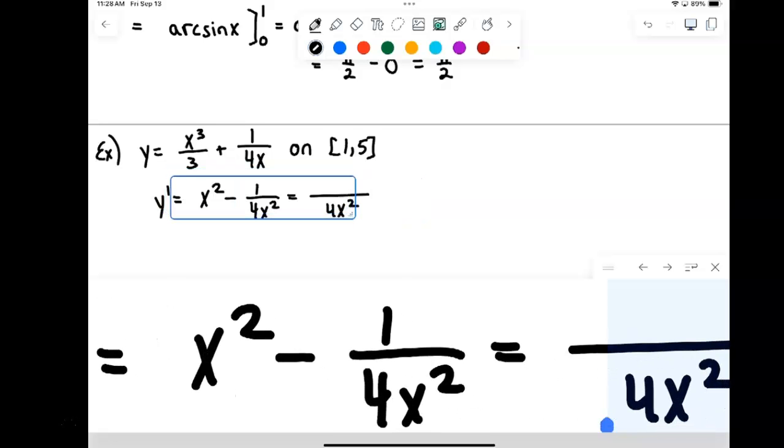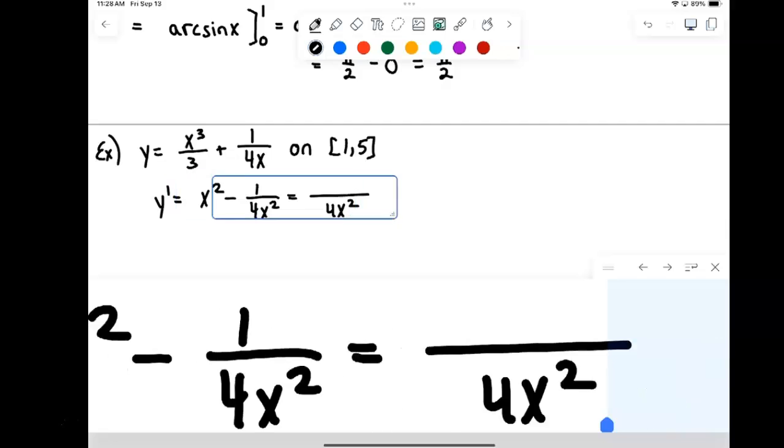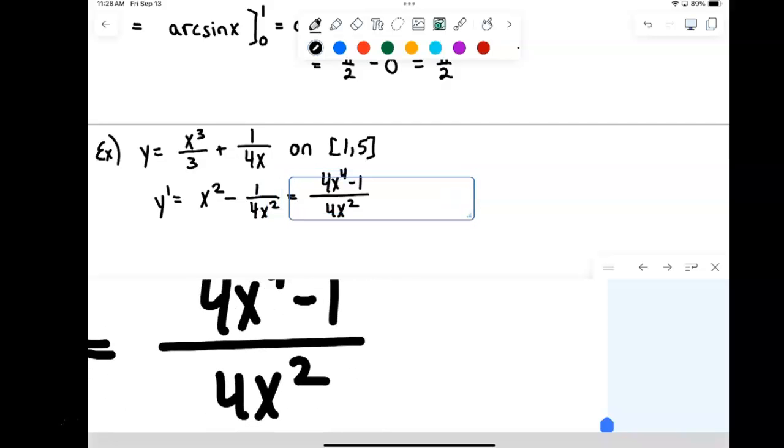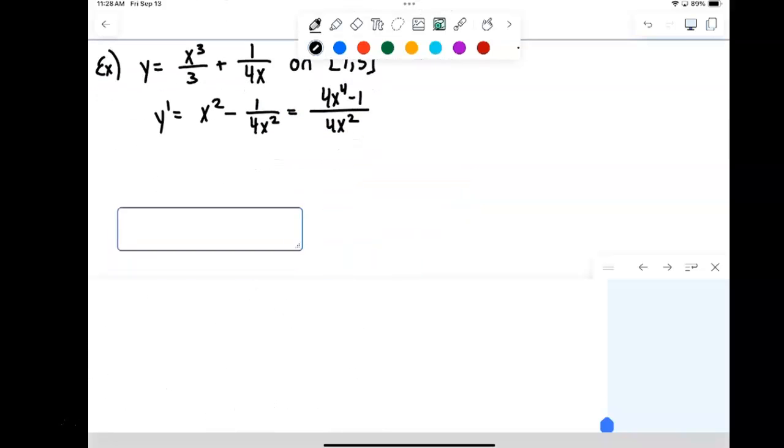The first fraction, I'd have to multiply the top by 4x squared. That'll give me 4x to the 4th minus 1. Okay, so that's going to go into my distance formula here.